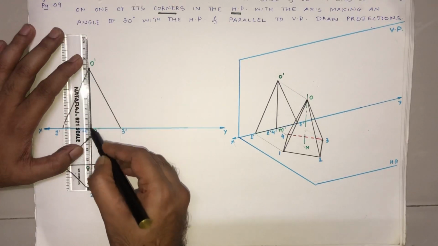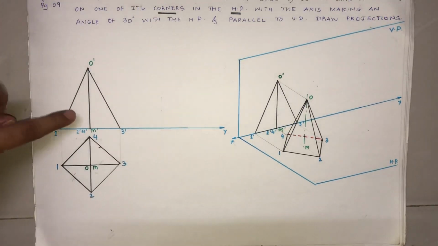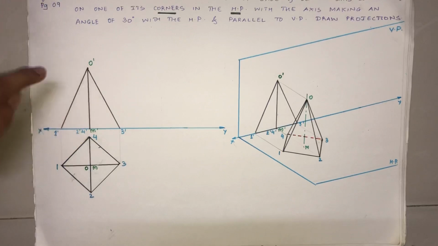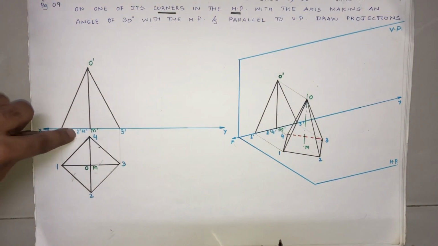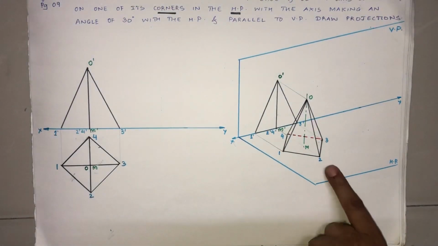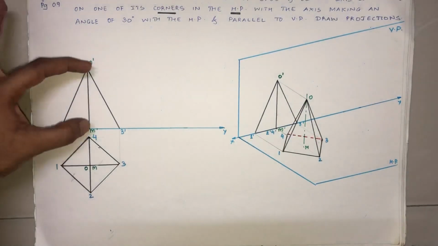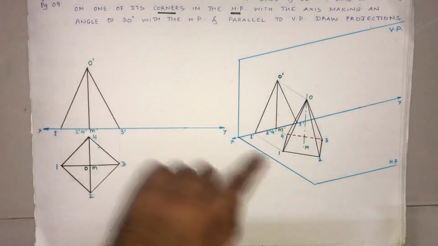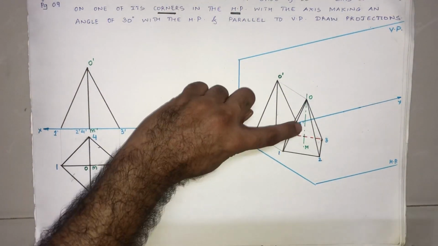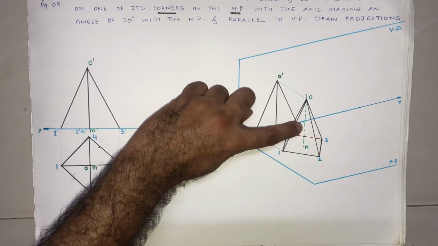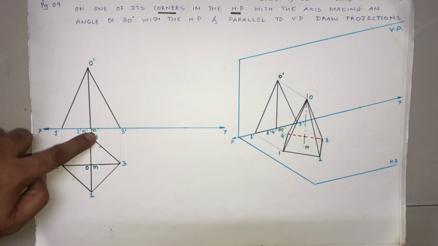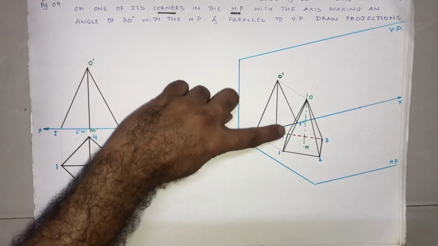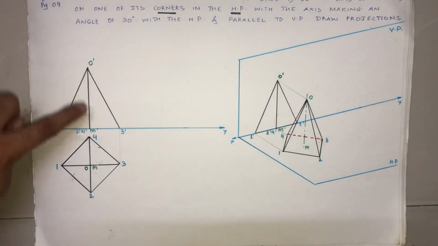Also, please look at this carefully. I'm going to draw a dark line here. The reason is very simple. Actually, there are 3 lines or edges which are present, 2 edges and 1 imaginary line. O dash, 2 dash, the one which you are seeing from the front, O2. So O dash, 2 dash, the front view of that O2. Exactly behind O2 is OM, the center line. O dash, M dash, the front view of that center line. And then we would have another edge, O4, which is again present here, O dash, 4 dash.